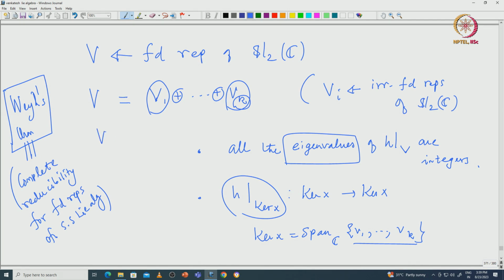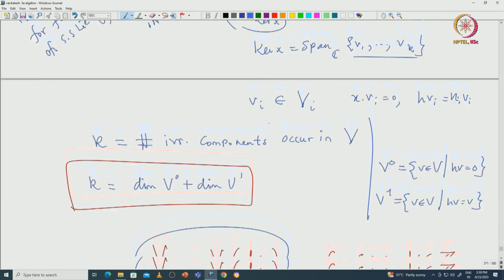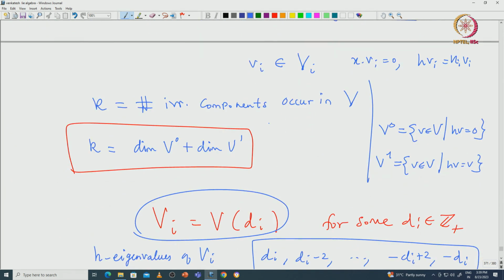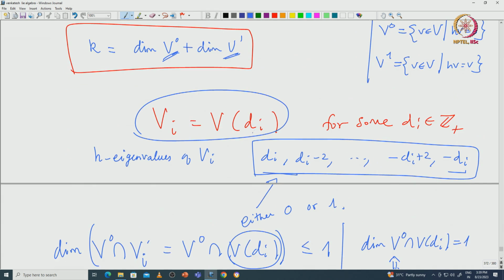Suppose V is isomorphic to some W 1 direct sum etcetera W r, where the W i's are again irreducible. Then we must get k equal to r, because k is given to be dimension V 0 plus dimension V 1, which is independent of the decomposition. So, this is indeed a very important observation.